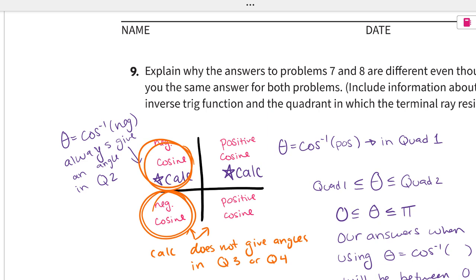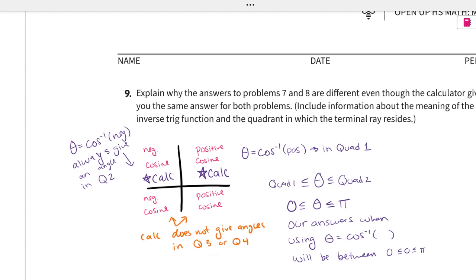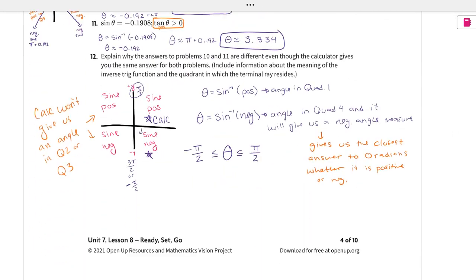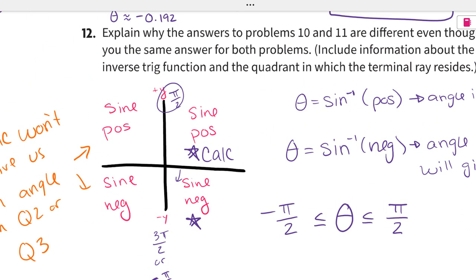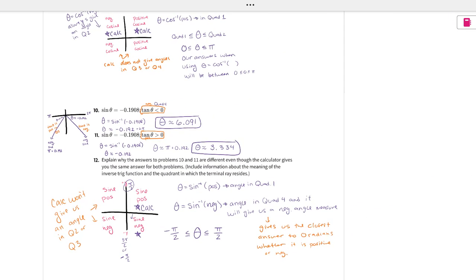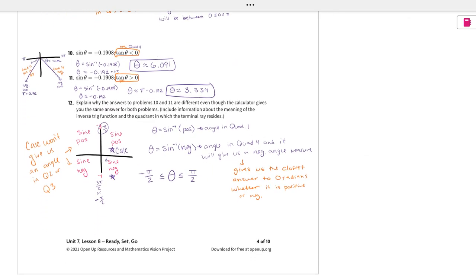Those are both negative. So if the distances are equally as far from 0, our calculator is going to give us the positive value. But in this case, this distance is further from 0 than that distance, so it's going to give us the negative values, because that's how the calculator keeps the number closer to 0.